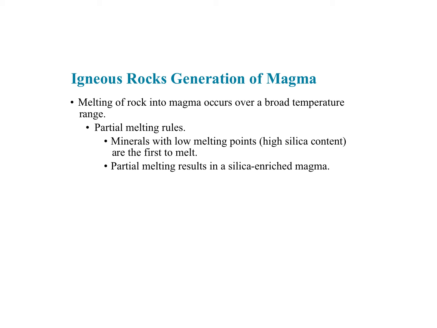And so a rock that's composed of different minerals will melt as one mineral melts, and then as the other mineral melts at a higher temperature, and so on. And when that happens, minerals with low melting points, those with high silica contents, if you recall, are going to be the first to melt. And that sort of partial melting results in a silica-enriched magma. So you have the liquid magma which has this enhanced silica that is melted in it.